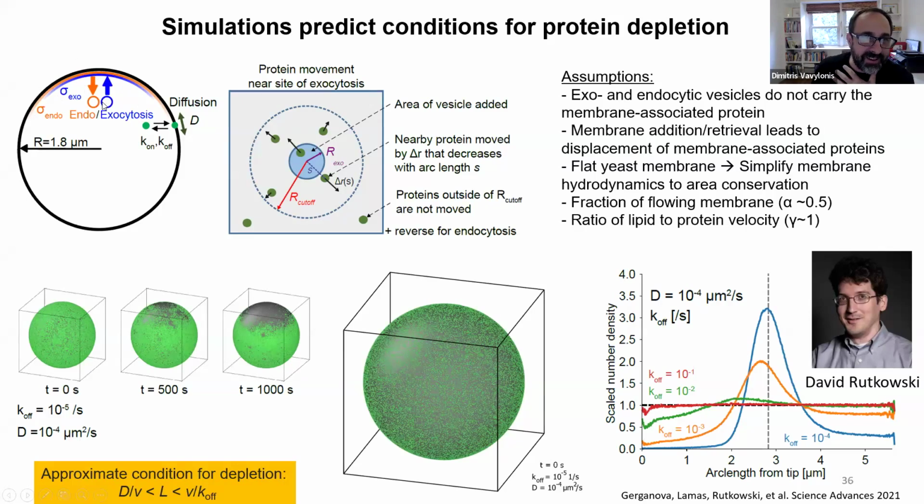And we can assume we have particles that can bind and unbind with rate constants K on and K off. And if the cell delivers membrane near it, then these excess lipids would flow away from the site of exocytosis. So this is a top view of around the site of exocytosis.